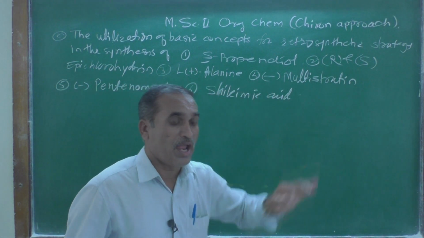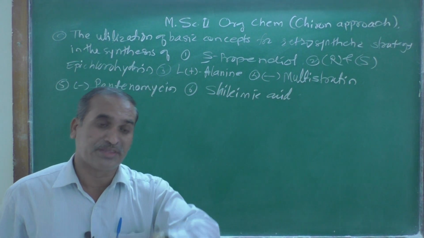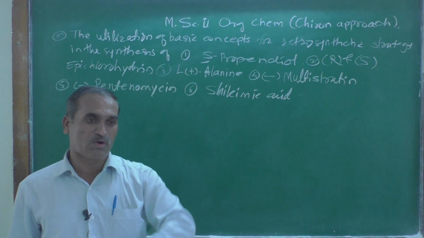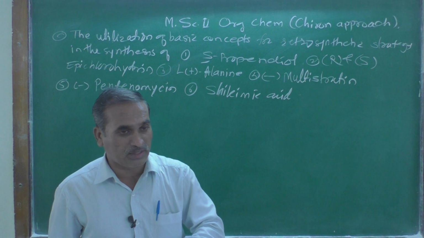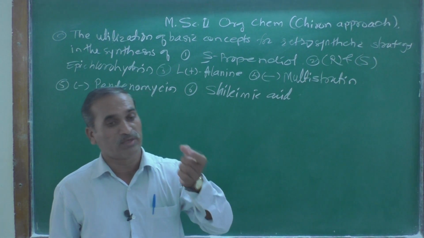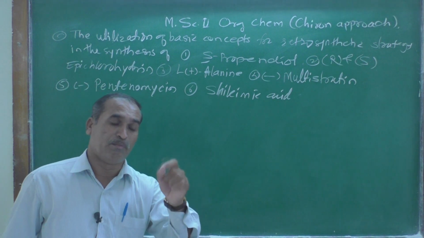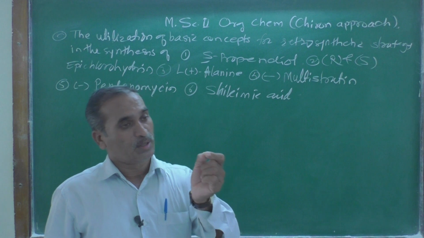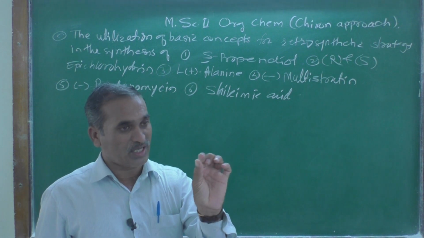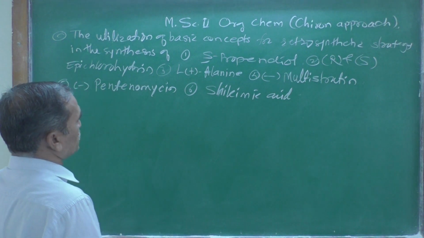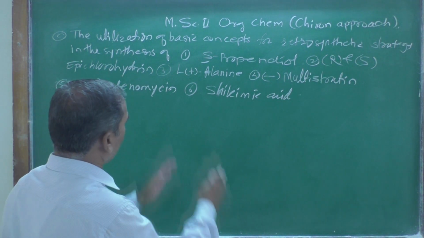These are experimental quantities, and those are the relative configuration. Your capital D may have a plus or minus, or your capital L may show plus or minus, meaning small d or small l. So don't mix these two terms, they are totally different.